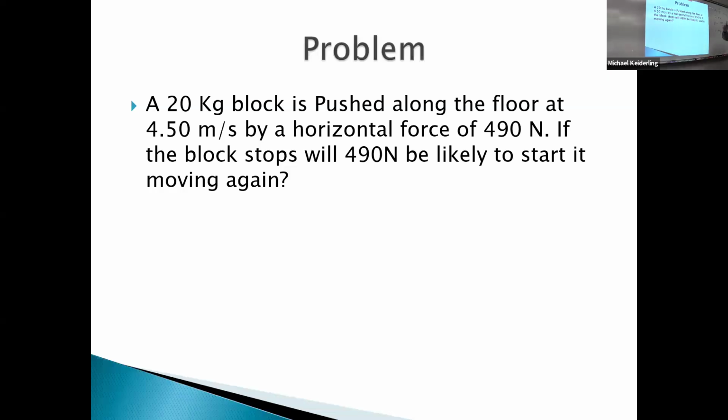So I can push this block along the ground with 490 newtons of force. But if I stop and let it come to a stop, will 490 newtons of force be enough to get it started moving again? Am I seeing yeses?